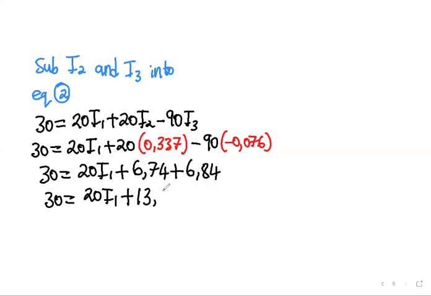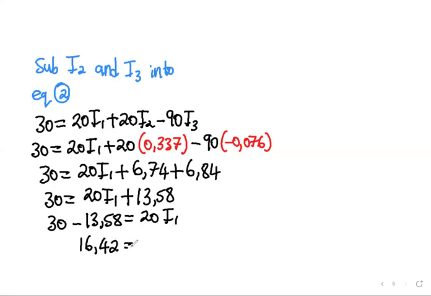You take 13.58 to the other side, it will be minus 13.58. Then you subtract 30 minus 13.58, that's gonna be 16.42 equals 20 I1.